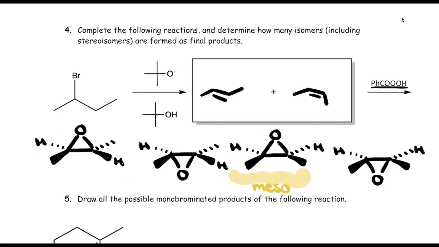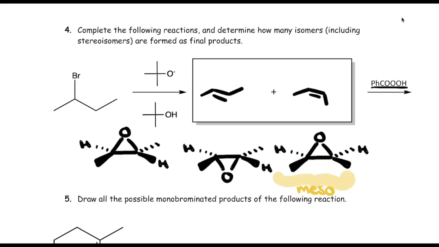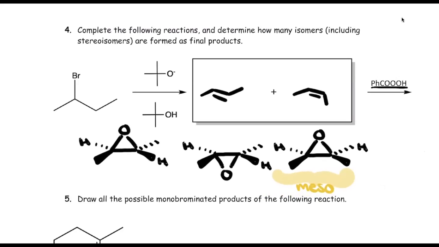Because this one's meso, that means that those last 2 that I drew are actually the same. So you end up getting a total of 3 stereoisomers. Cool. Any questions on that?